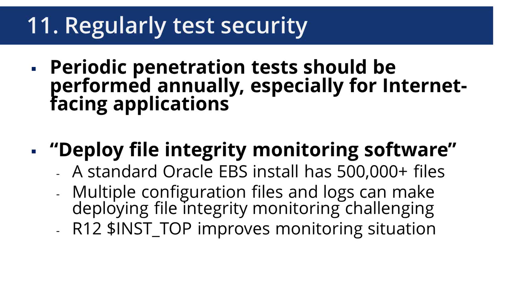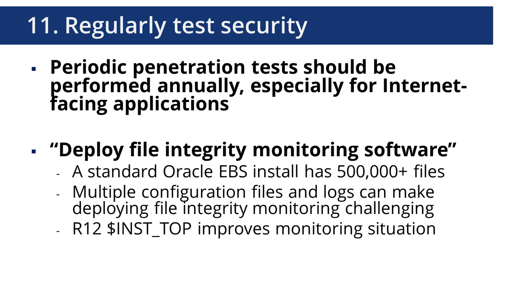What changes, what's important. One of the key important things is configuration files. When you apply a patch, you may update hundreds of different files, but your configuration files are probably some of the most important. Unfortunately for R12, they moved a lot of that data into the inst top. Now the logs and the configuration files are pretty much centralized in one location.